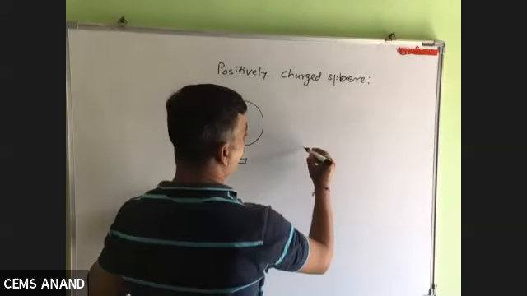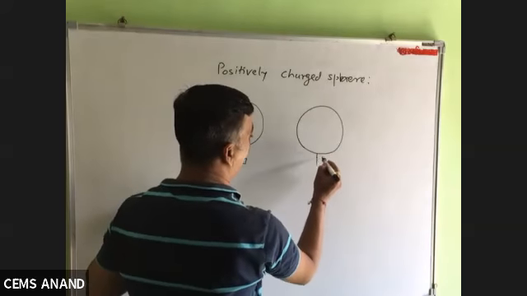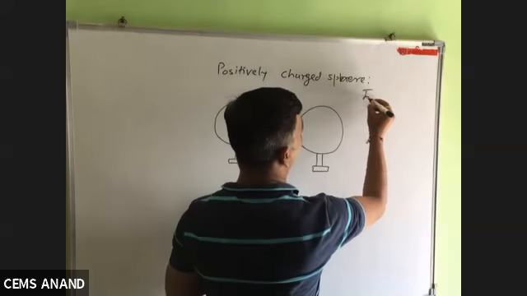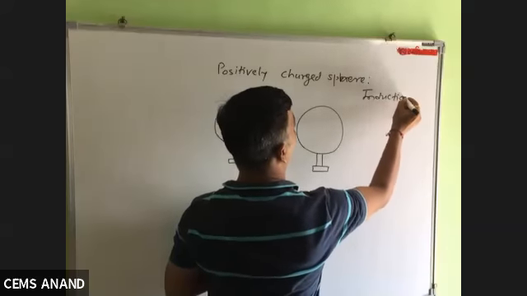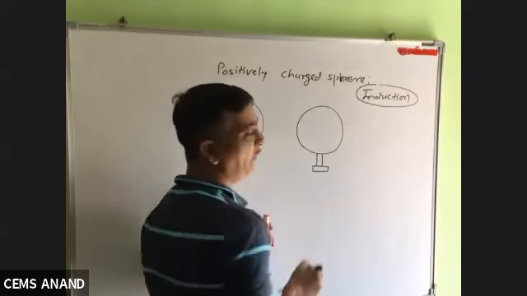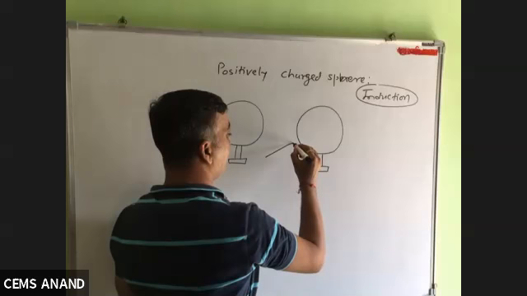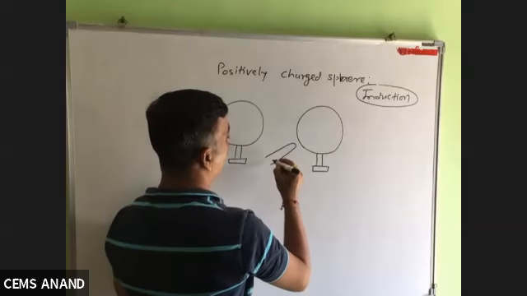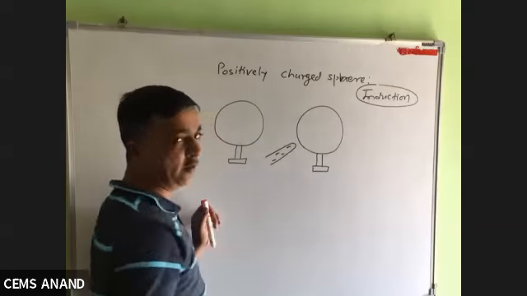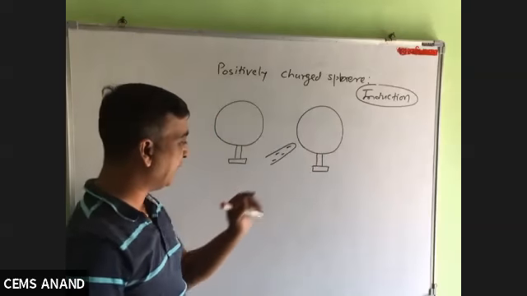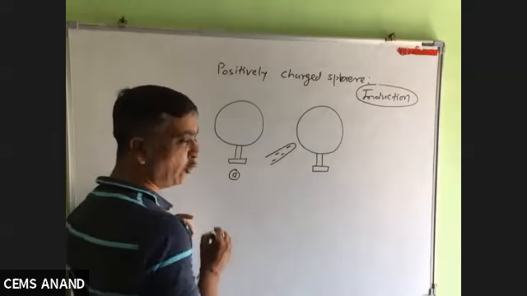Now, as we are asked to prepare a positively charged sphere by means of induction, which we discussed yesterday, let's bring a negatively charged plastic rod near to that sphere. This is our figure A, neutral, right?